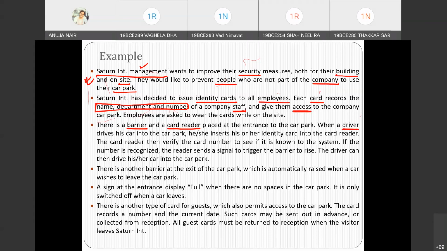Card number will be its attribute, so not that. Herschel system, yes, system is very much possible. Identity card is there, true. Anything else? Signal, okay, signal is right. Anything else?